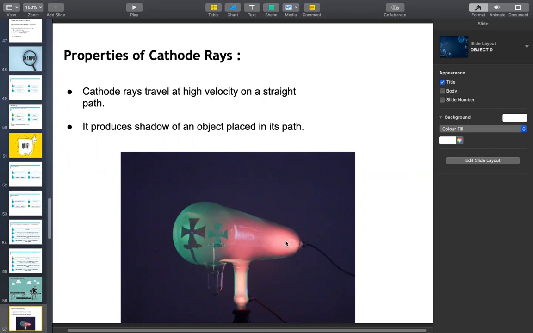This means rays are traveling in a straight line. Then only they will create an exact shadow. Please write it fast. Done?